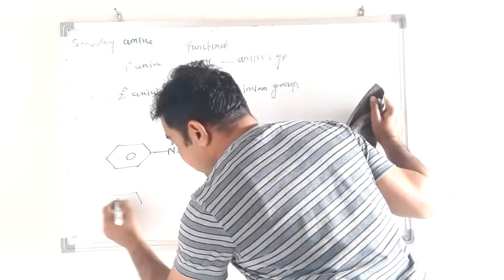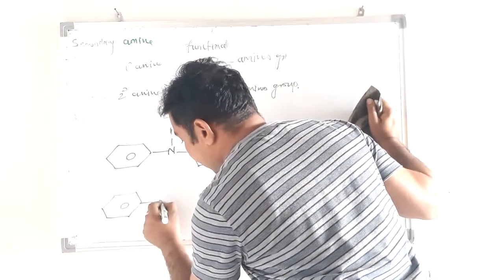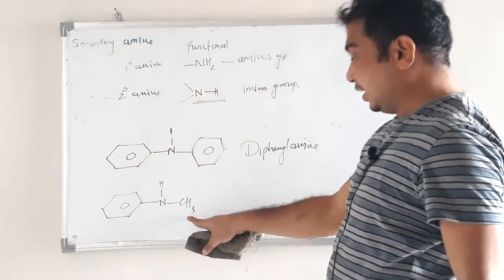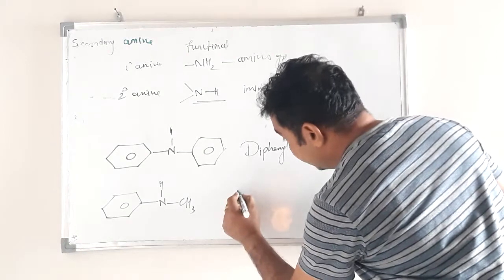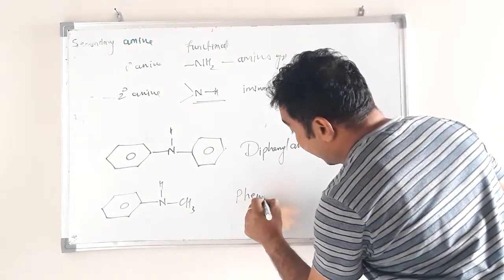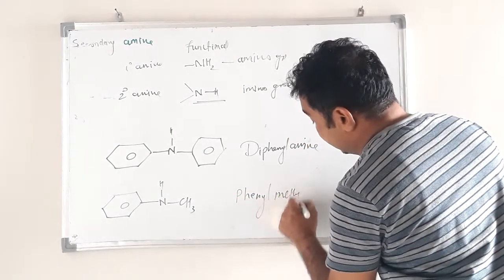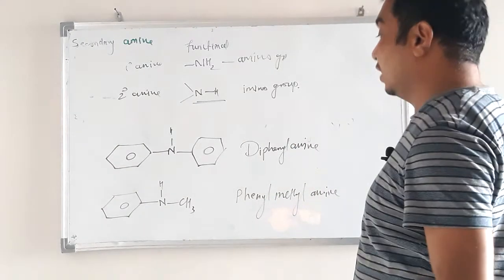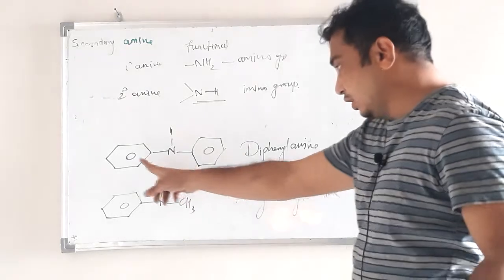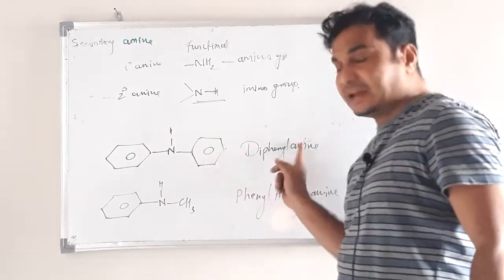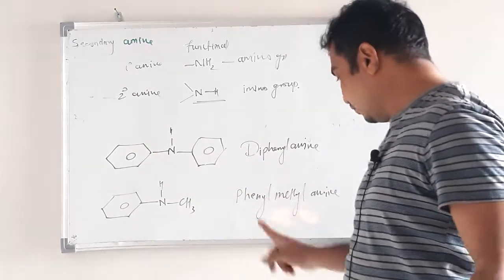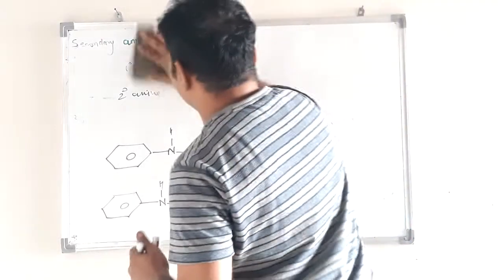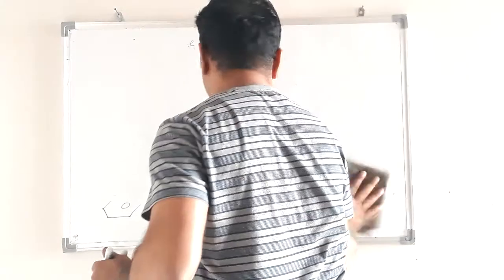Now mixed: NHCH3 with a phenyl group, its name is phenylmethylamine. That is a secondary amine. Here both aryl groups are the same, diphenylamine. If they are different, phenylmethylamine. So these are secondary amines.